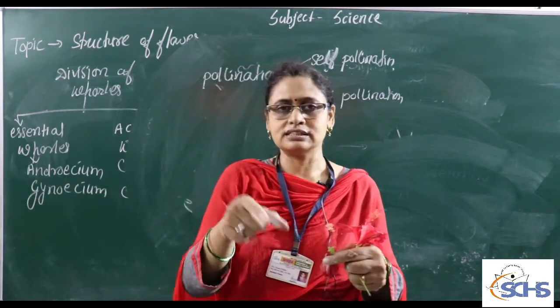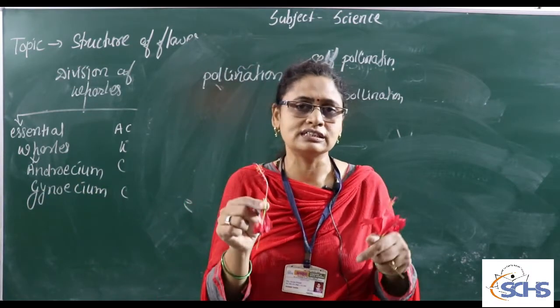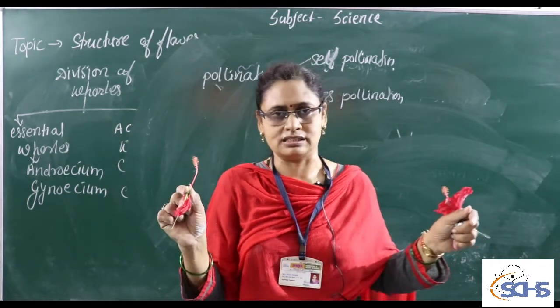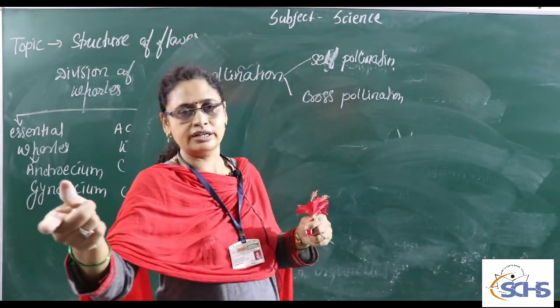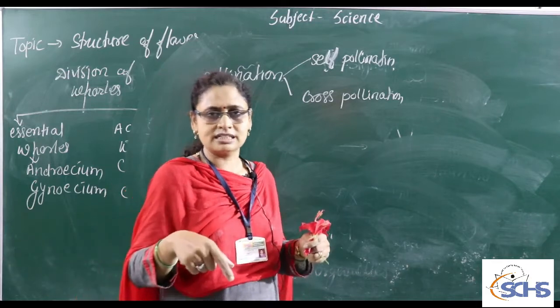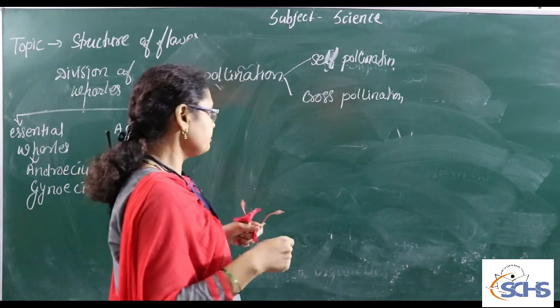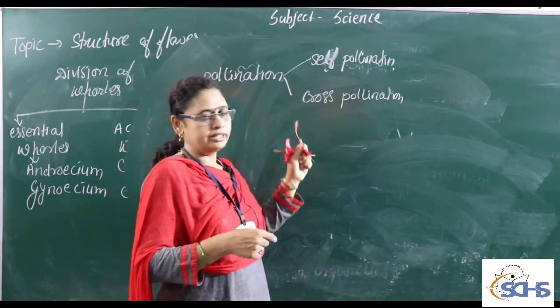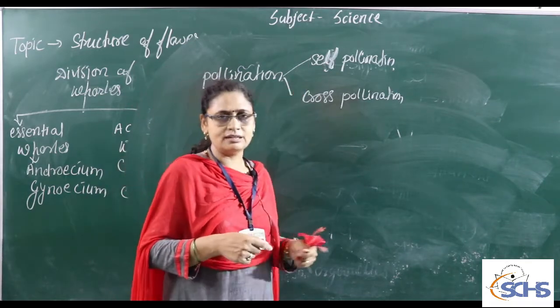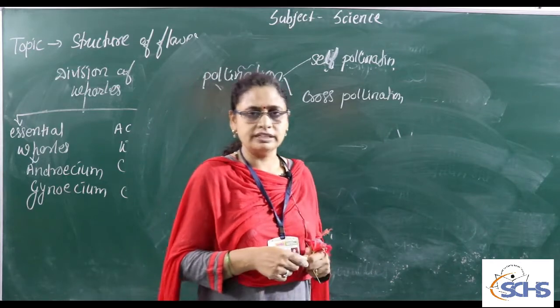That is known as cross pollination. But it is very necessary that both belong to the same species. The pollen grain of a rose is not transferred to the stigma of a hibiscus flower. So we have seen the process of pollination, and how many types? Two types, self pollination and cross pollination.